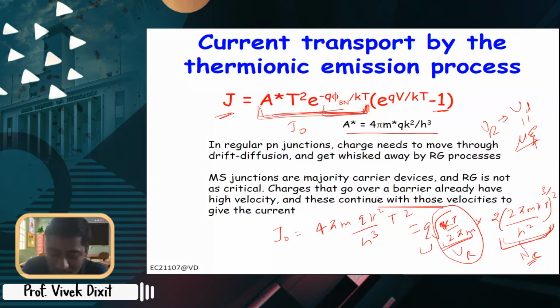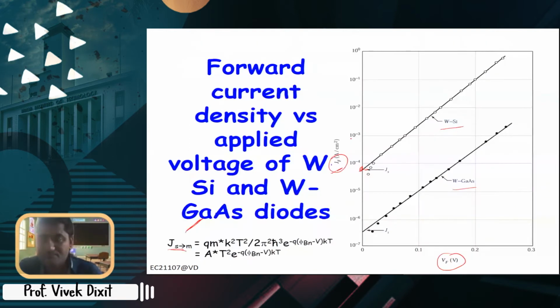So for high values of voltage, you can ignore one, so it will just be exponential qV by kT, and then when you plot on log scale, it is proportional to V, and this is the intercept, right? So your J naught will be the intercept, including this q phi and kT. So from the intercept, you know most of the things. You know the Richardson constant, temperature. We can calculate the potential barrier, right? So the barrier height can be calculated from the saturation current, which is obtained from the y-intercept.